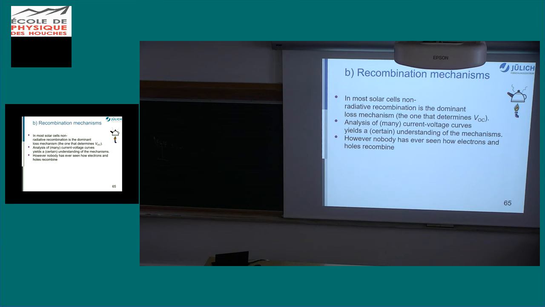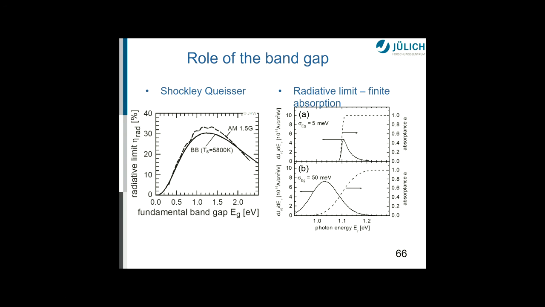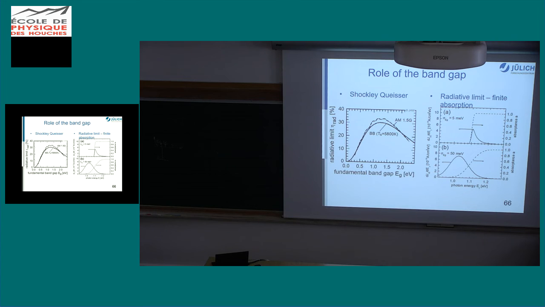And so that's some general statement. Okay, mostly non-radiative recombination is dominant, and a single current voltage curve says nothing. But you have to use your fantasy because you cannot really observe the electrons and holes, what they are doing. So there's no microscope to look at them. And so you need a lot of experience, a lot of simulations, and a lot of experiments as well. So briefly, we were talking about radiative recombination.